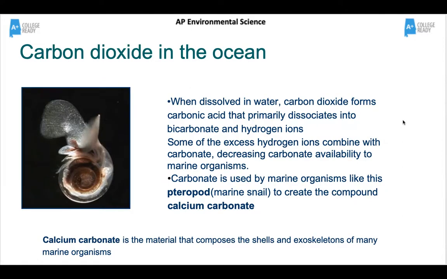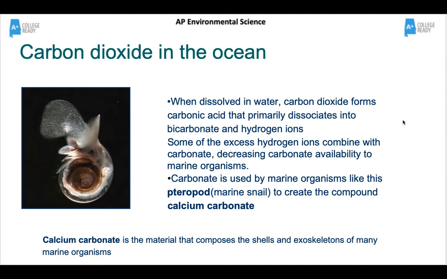So when it's dissolved in the water, carbon dioxide forms carbonic acid, which we just discussed, and that primarily dissociates into bicarbonate and hydrogen ions. Some of the excess hydrogen ions then combine with the carbonate, decreasing carbonate availability to marine organisms.